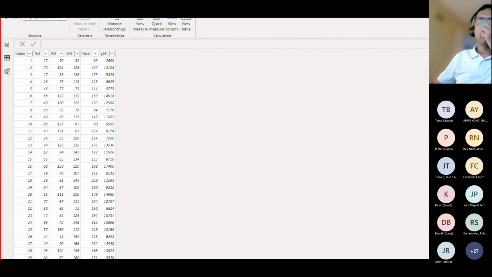This is an HR data set, and HR did the performance rating for maybe the first year, or this could be a quarter. Let's stick with quarter. So the first quarter, that employee got 27 points out of, I don't know, 100. Quarter two, it got 50. Quarter three, it got 52.